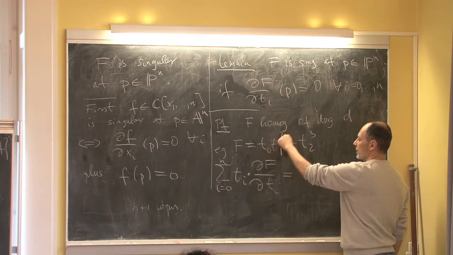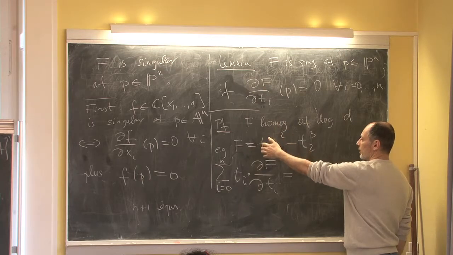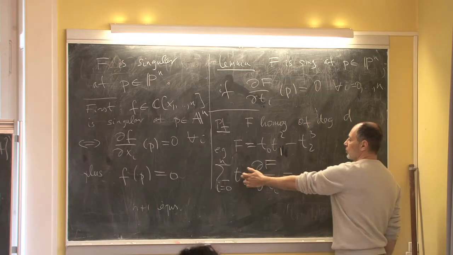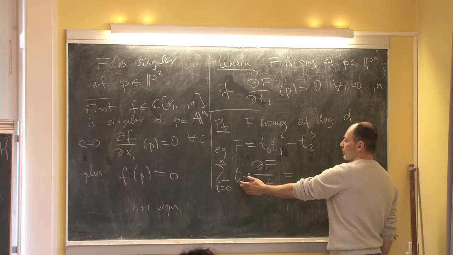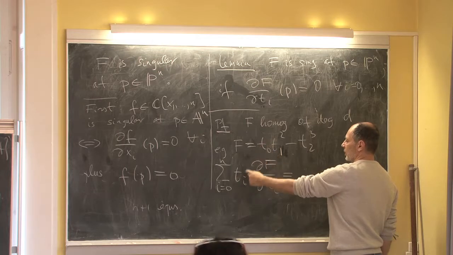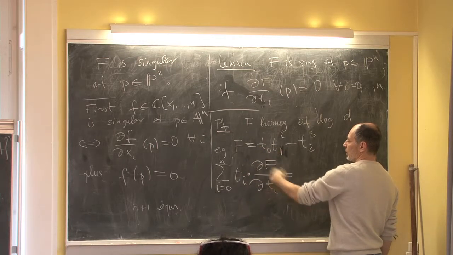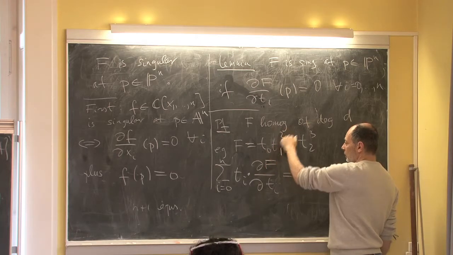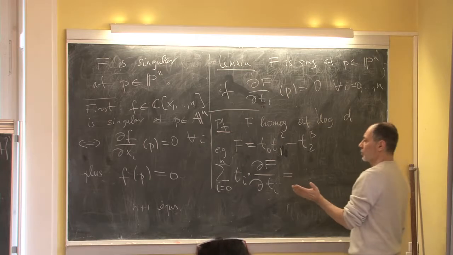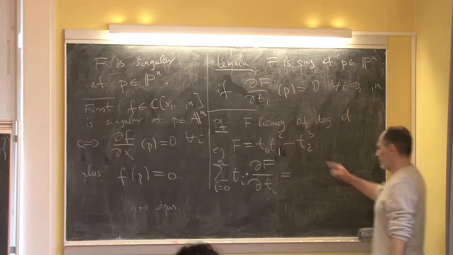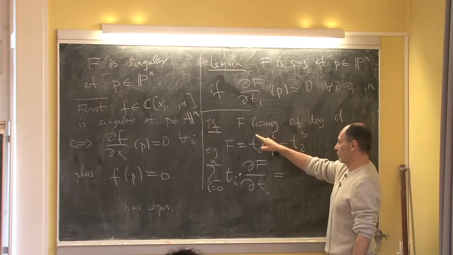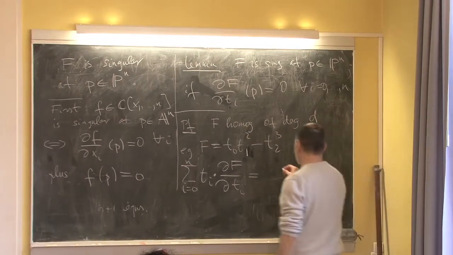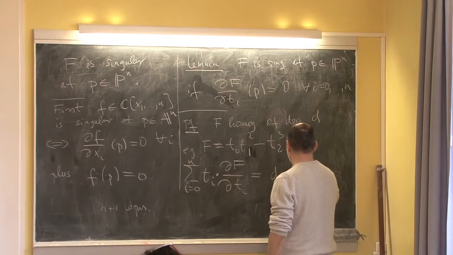I get this once, and t1, I get this twice, but altogether I'll get 3 times this term, and the same thing here. When you do this operation, you recover f, because I take the derivative with respect to t0, but then I multiply by t0, so nothing happens. Same thing with t1: I lose one t1, but I multiply back by t1. So I recover each monomial, times a multiple which is the total degree of the monomial. But since it's homogeneous, we get all of them at the same time. So you just get d times f.